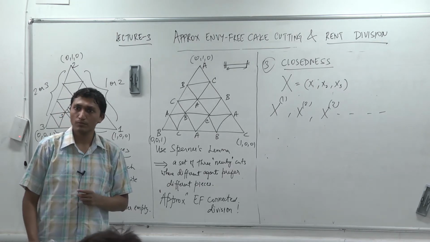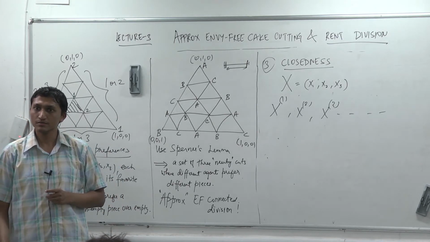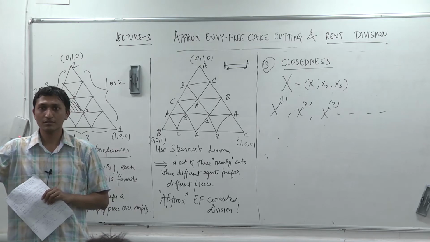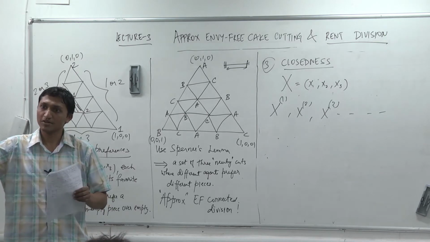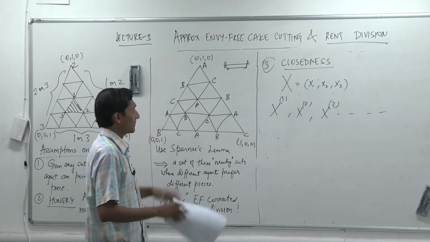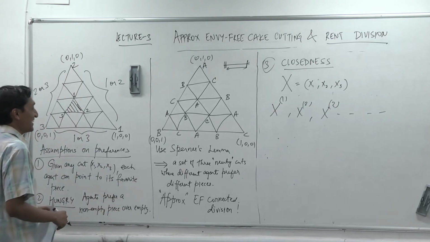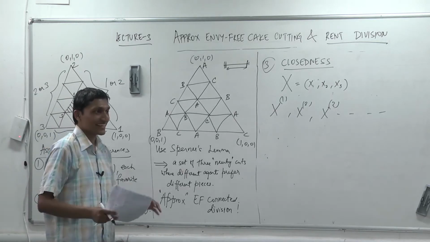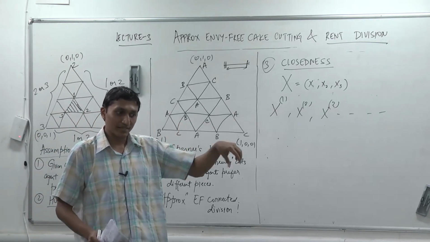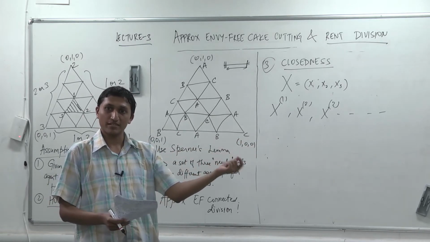So are people familiar with the Bolzano-Weierstrass theorem from analysis? Anyone who's not familiar with it? Oh, a lot of people are not familiar with it. Okay, wonderful. Then you can ignore the closeness part. The idea is that there is a limiting cut where we can turn approximate envy-freeness into exact envy-freeness.